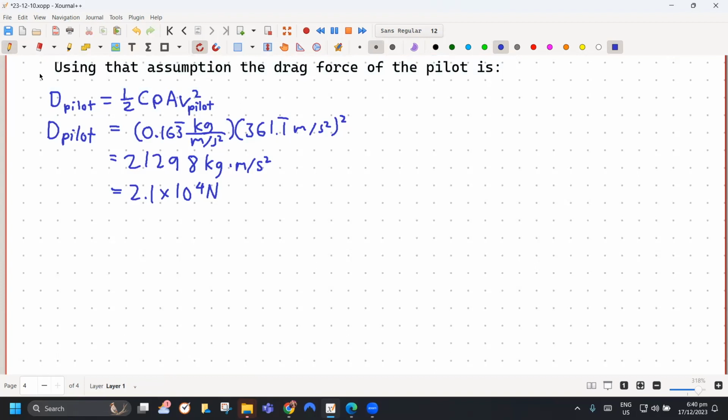Now, the next question is: what is the acceleration of the pilot? Here, assume that the pilot is sitting in the ejection seat, and that the mass of the ejection seat is about the same as the pilot, so their total mass is twice the mass of the pilot.